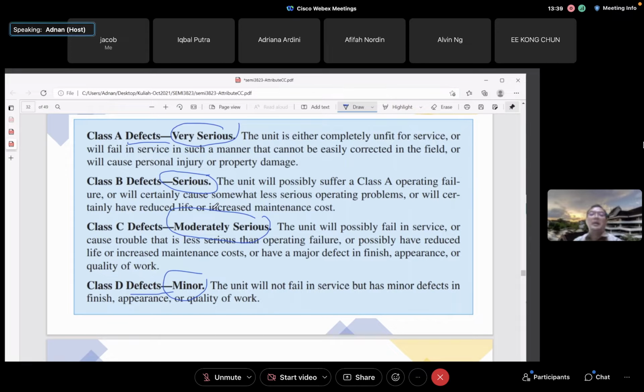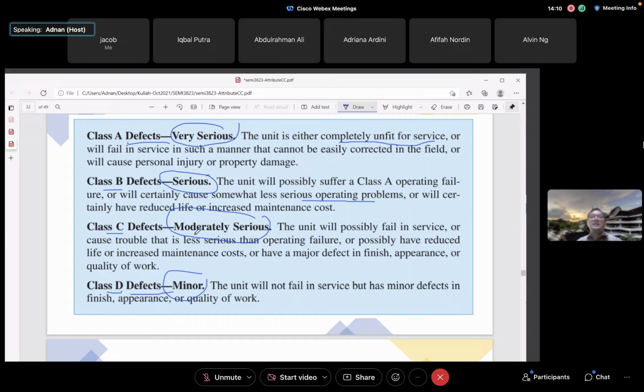According to this author, there are class A defects, class B defects, class C defects, and class D defects. Class A is very serious, completely unfit for service, cannot be used at all. If serious, it will be possible to suffer class A operating failure, or will certainly cause somewhat less serious operating problems. It can be used but not perfectly.